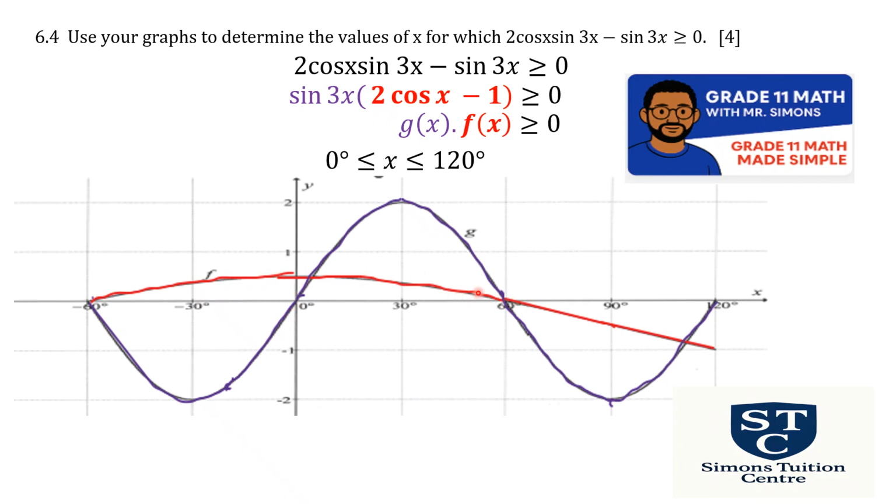So positive times positive gives a positive answer, and any positive answer is greater than 0. But after 60, g of x is negative till 120, and f of x is negative till 120. So negative times negative also gives me positive, which is greater than 0. Therefore my answer is x greater than or equal to 0 degrees and x less than or equal to 120 degrees. I hope it makes sense.